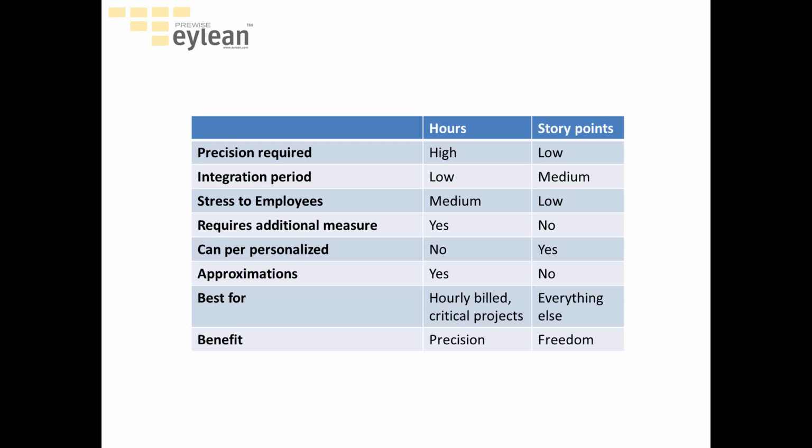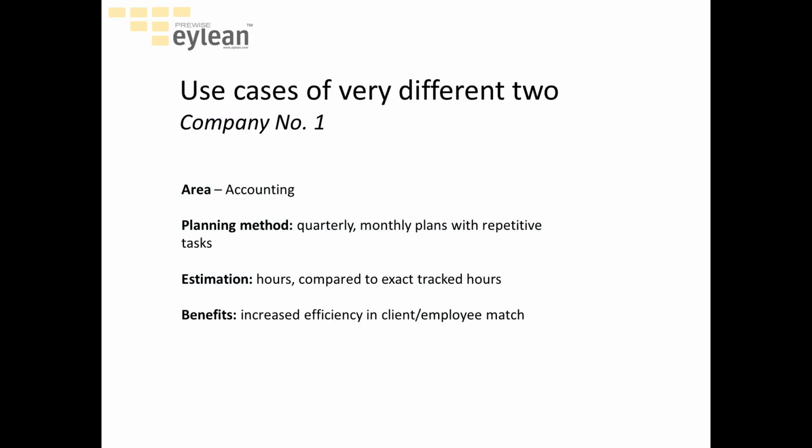Now, the next thing which I will cover are two very different examples of planning and estimations in two very different companies. So, the first one is a company in the accounting business using a kind of agile approach, but still they're doing plans according to financial year, financial quarters or months.